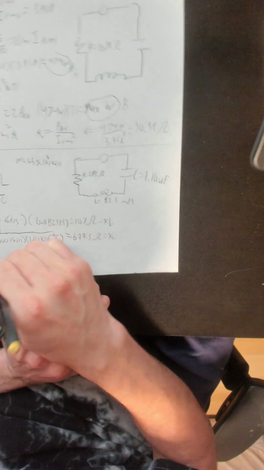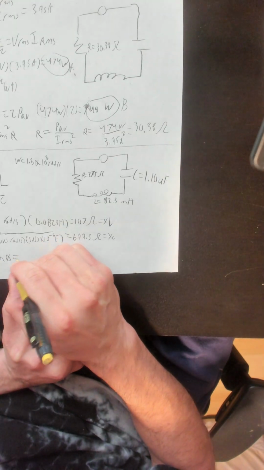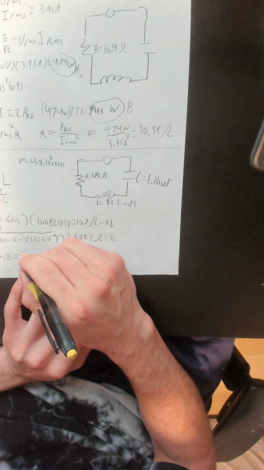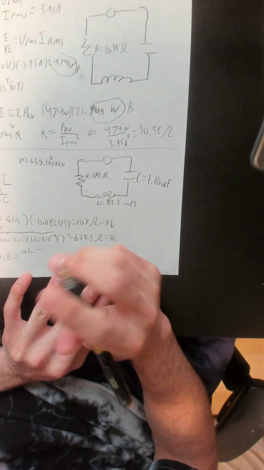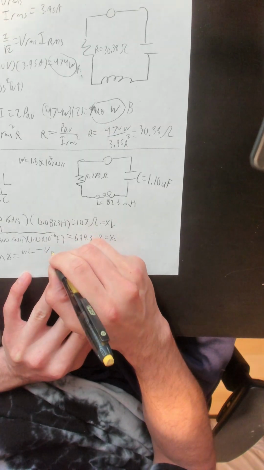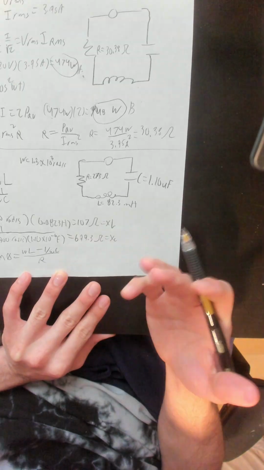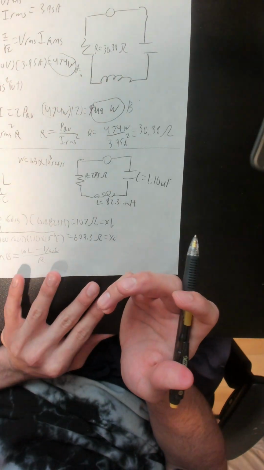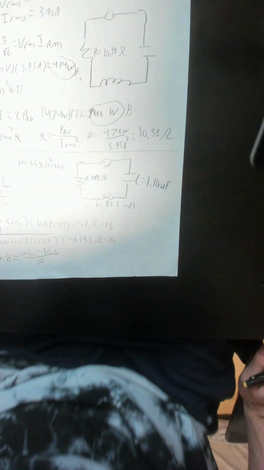So, tan of the angle, the angle would be the phase angle, and that would equal WL minus 1 over WC, over R, which we already have, WL minus 1 over WC, which is just our inductive and capacitive resistance.